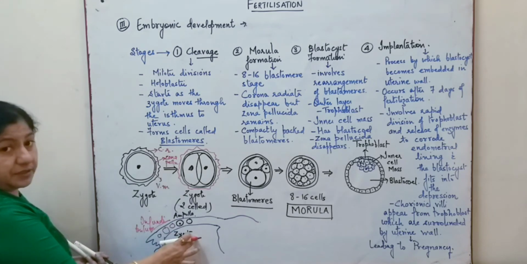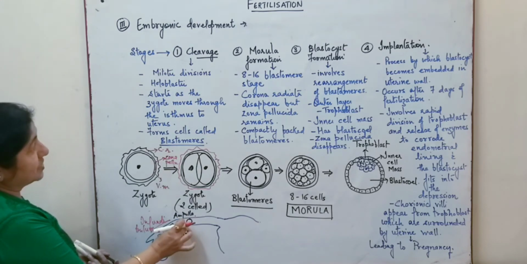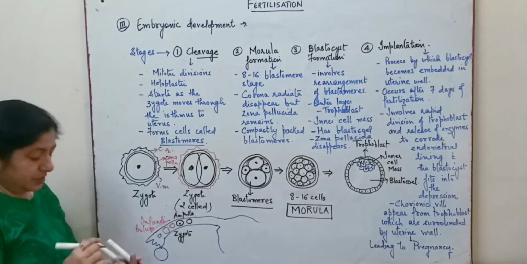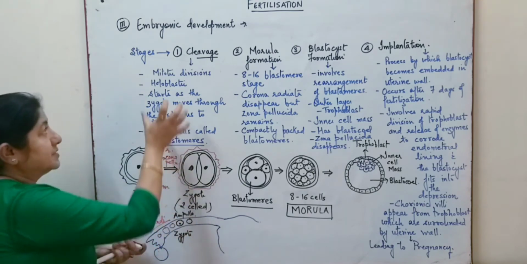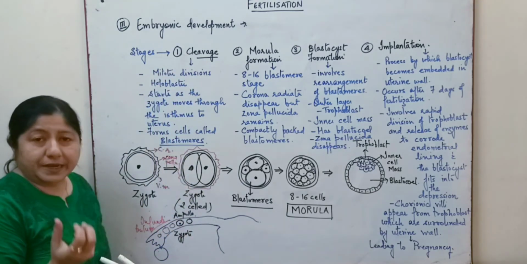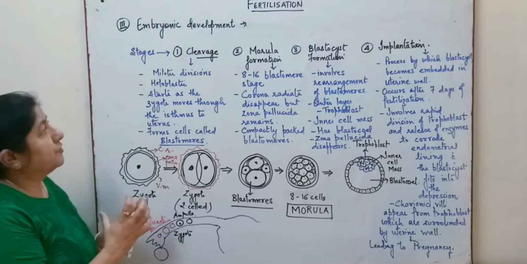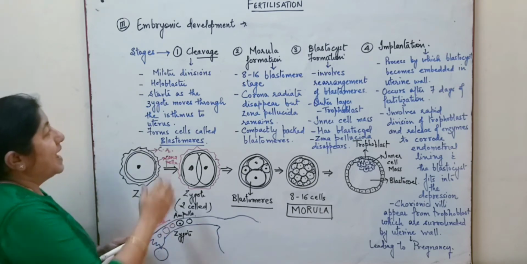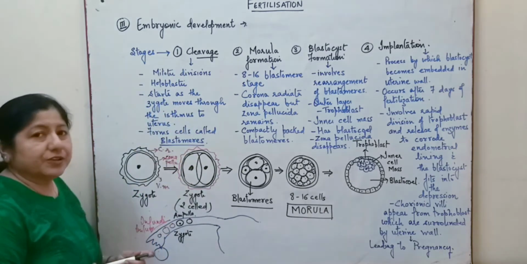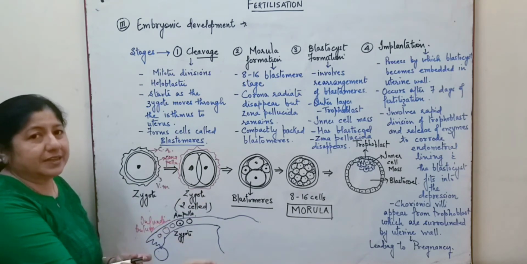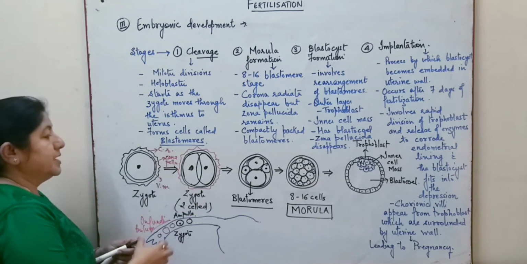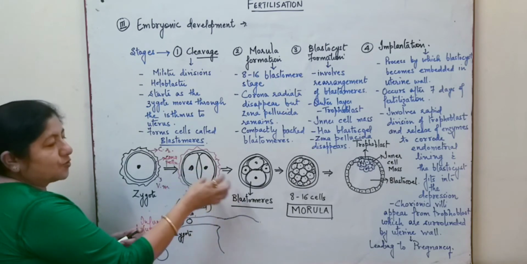Here the fertilization has resulted, and soon after, the zygote will undergo mitotic division, and it will be a holoblastic division. It starts as the zygote moves towards the isthmus and finally lands in the uterus. So it results in the cells which are known as blastomeres.